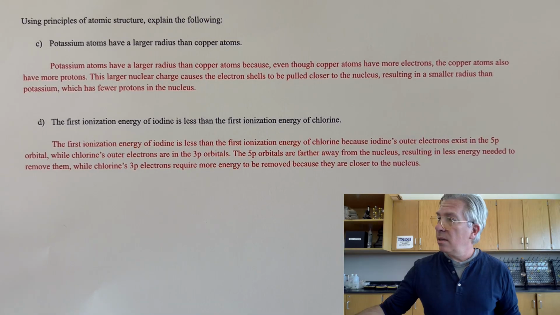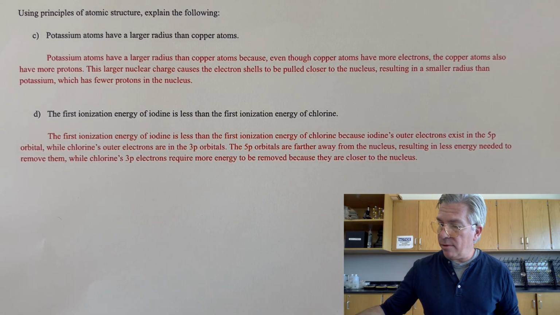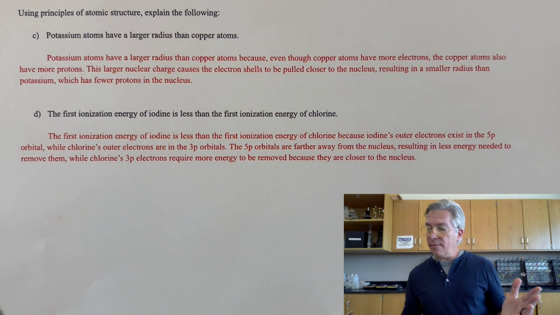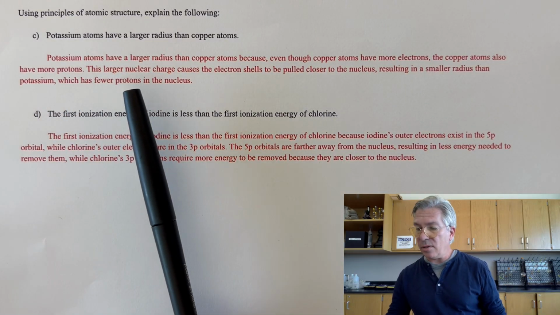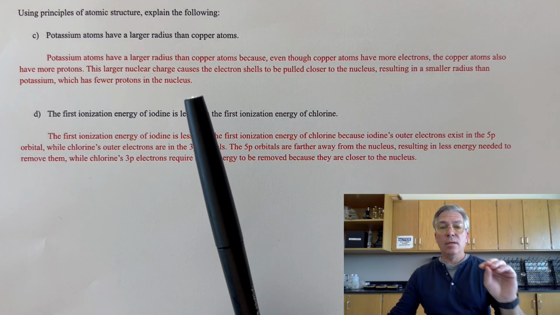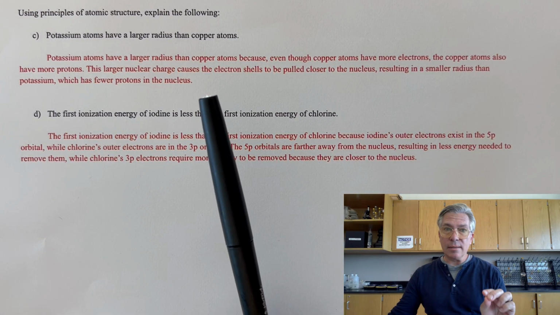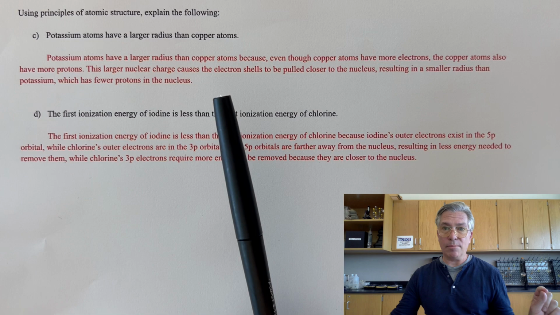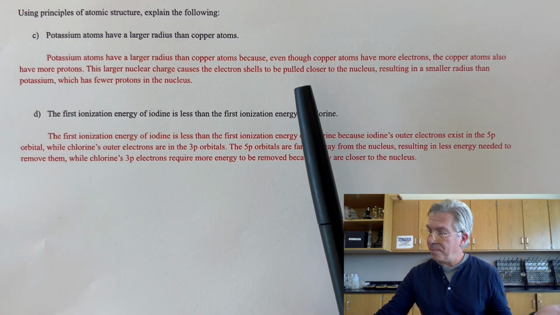So I'll show you a couple of responses that I came up with for these two. I said for the first one, potassium atoms have a larger radius than copper atoms. I basically restated the question so that the person reading my answer knows that I'm answering the right prompt.